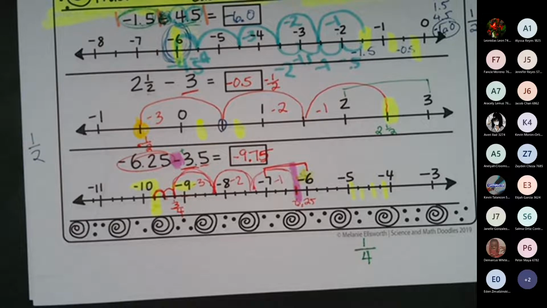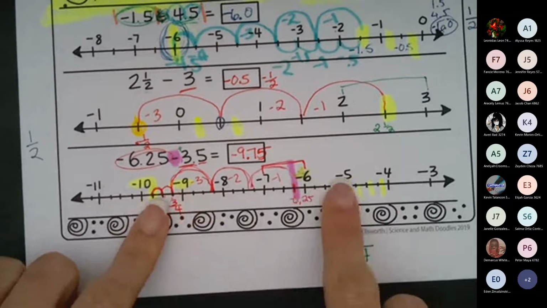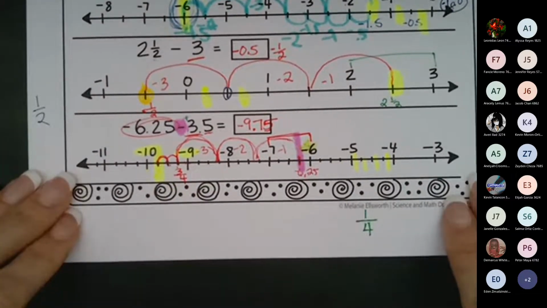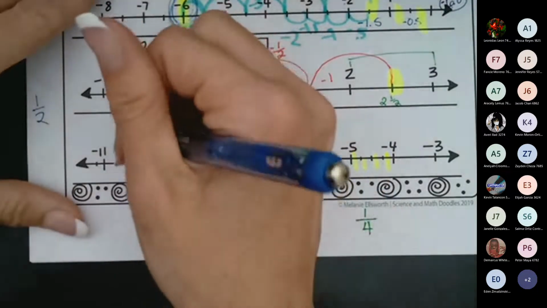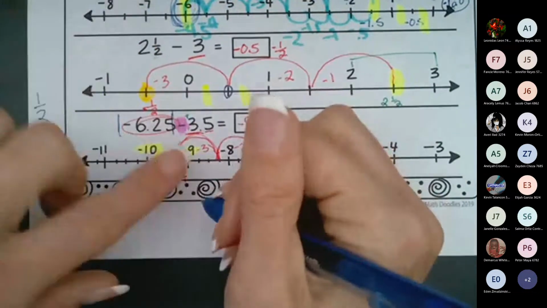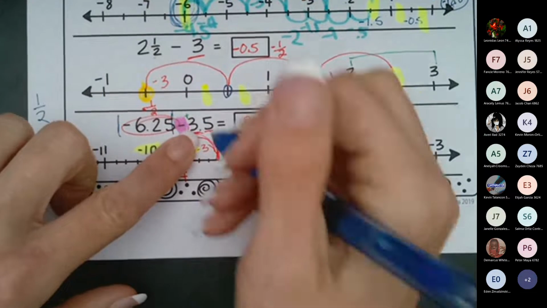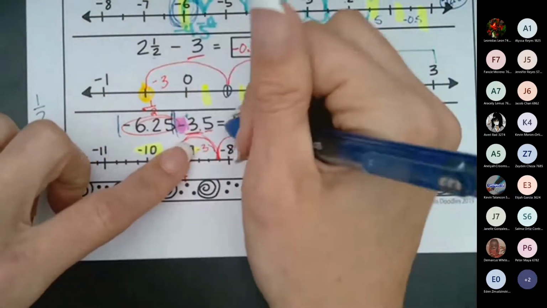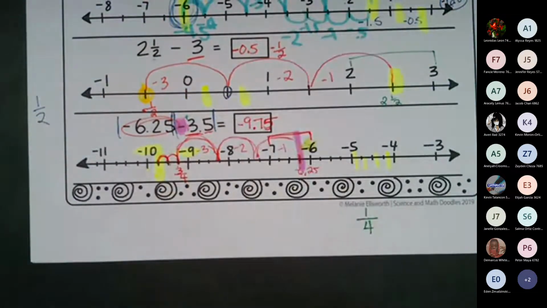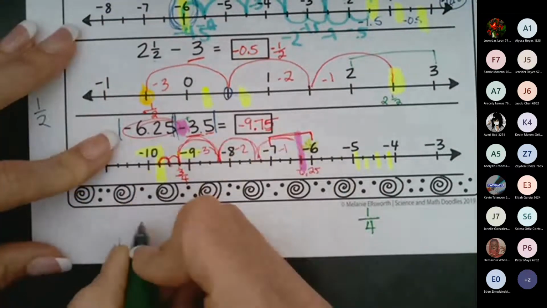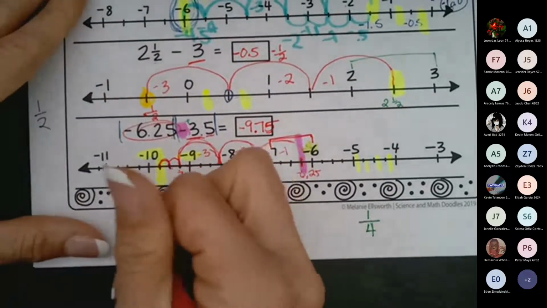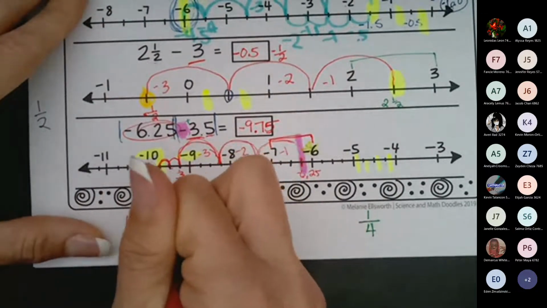I'm going to show this to you guys real fast, since we just did this right here on our number line, so it's going to easily make sense. If I take my absolute values of these two numbers, but I keep my subtraction sign, I'm going to keep it as a negative, just in case that side is larger. So my absolute value of -6.25 is going to be 6.25.